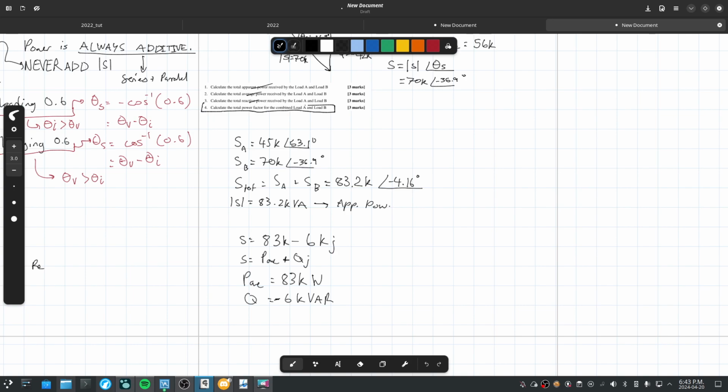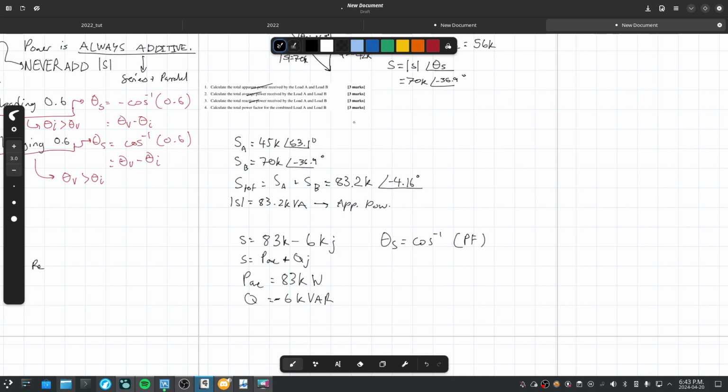Calculate the total power factor for the combined load A and load B. So recall that the power factor is going to be cosine inverse of our angle. Or sorry, not even our angle. So our theta S is equal to cosine negative 1 of our power factor.